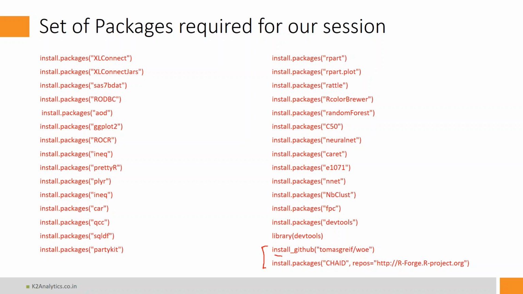The syntax is not install.packages. It is now install_github, which means GitHub is a place where many people who create their own projects and utilities are making those utilities available to people at large.